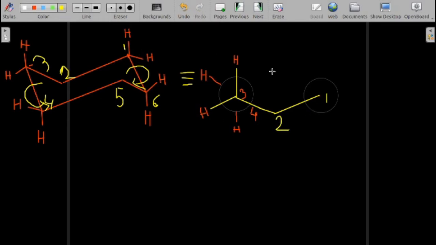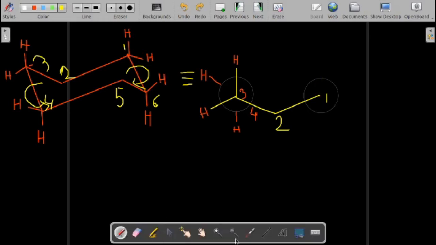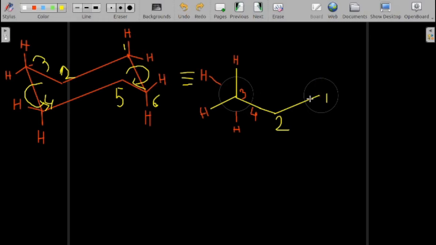And for this C1 carbon, here there will be a hydrogen. This axial hydrogen is in this position, and these two axial hydrogens are anti to each other.